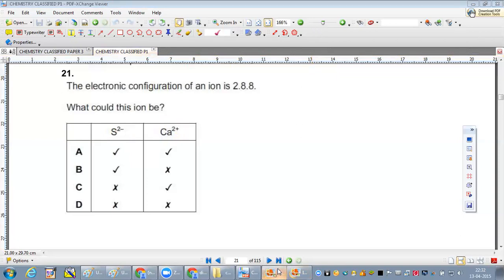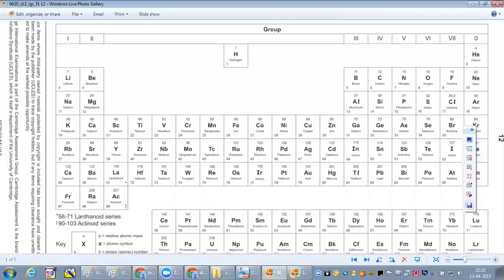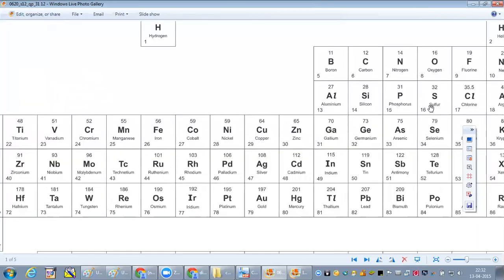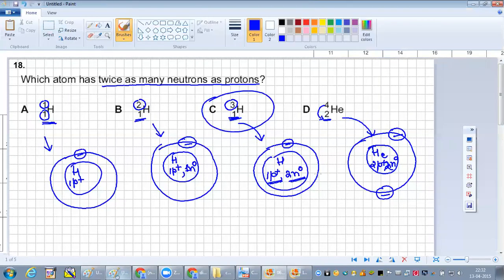Look where sulfur is in the periodic table. Sulfur is over here. Its atomic number is 16. It means its electronic configuration will be 2,8,6. That's the electronic configuration of sulfur.